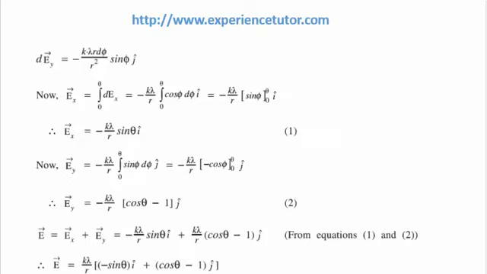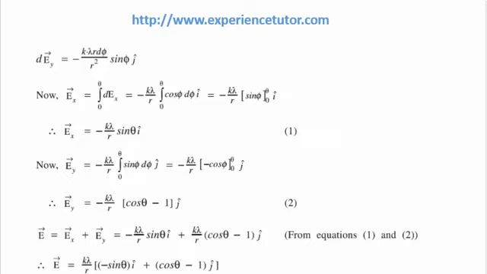Now Ey = minus k lambda/r integration 0 to theta sin phi d phi j = minus k lambda/r [minus cos phi] from 0 to theta j. Ey = minus k lambda/r (cos theta minus 1) j.